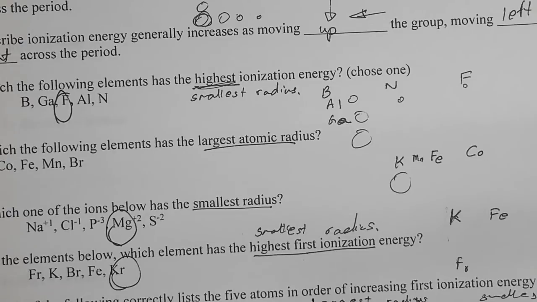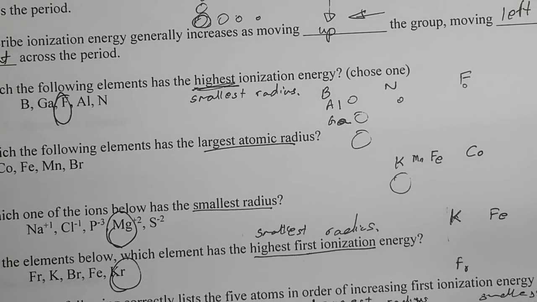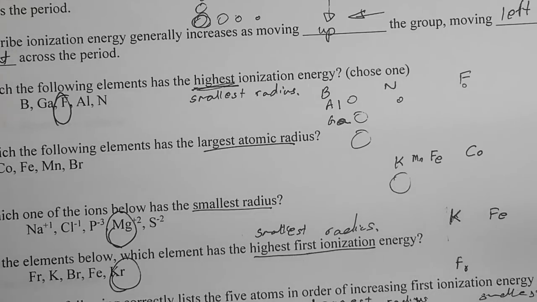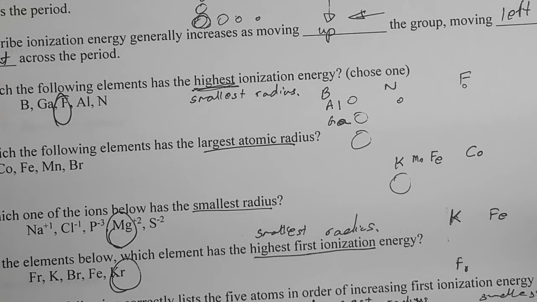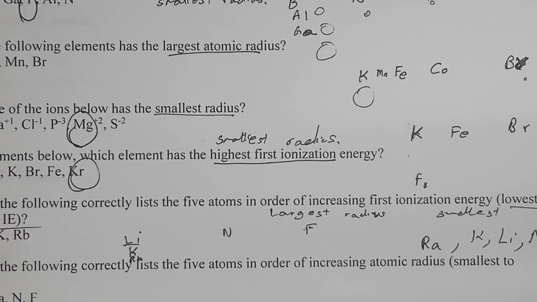Smallest is obviously F, largest would be Ra. So we're going to say Ra is the largest radius. And then after that you're going to have K, Li, N, and F.